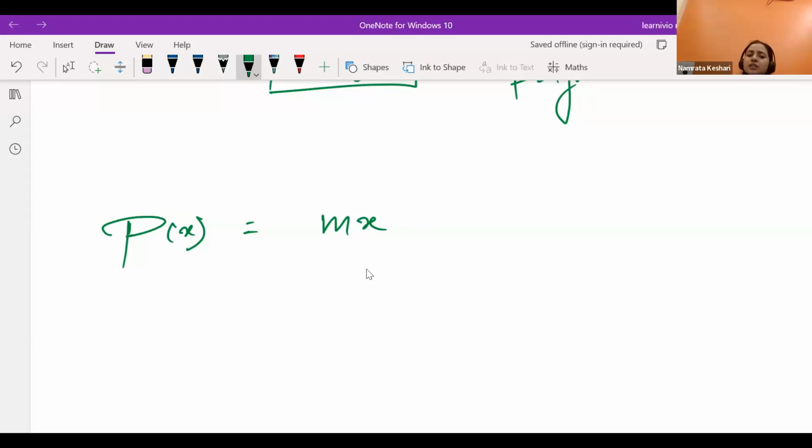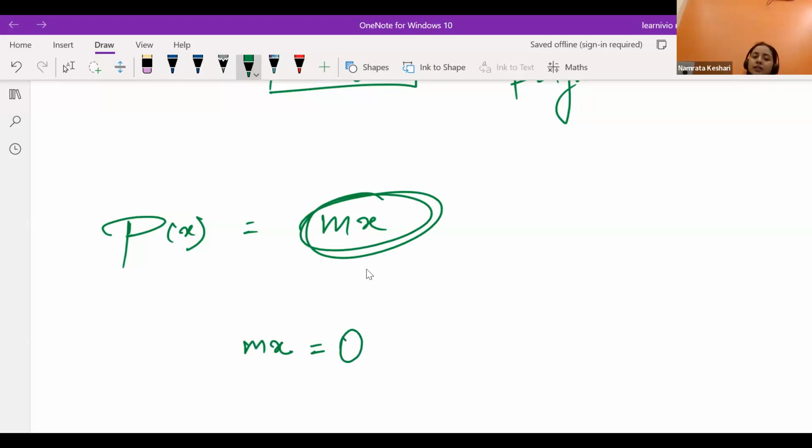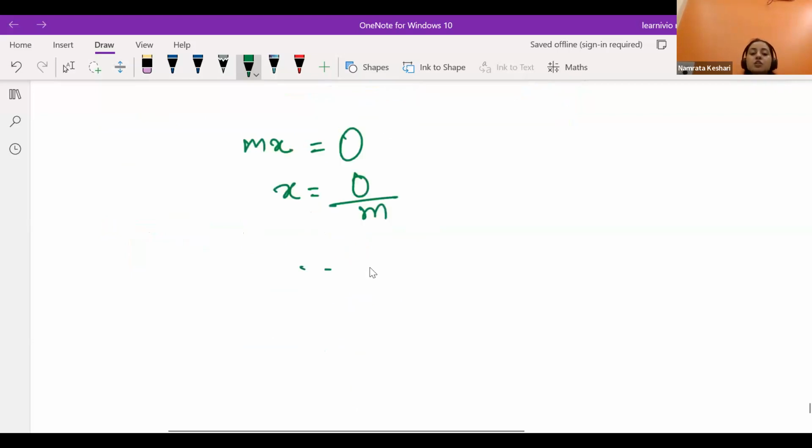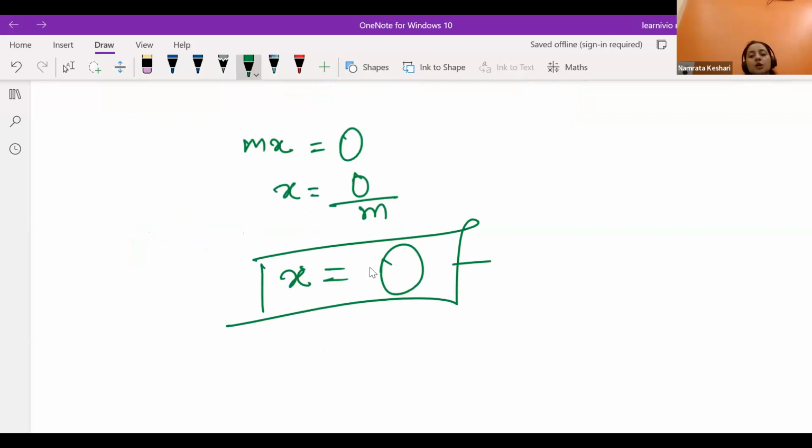So we will be using the same concept. Whatever is the polynomial equals to 0, then x value is equals to 0 by m. We know that 0 by anything is just 0. So x value 0 is the 0 of this polynomial. You don't have to keep on thinking. You have to every time solve the equation like this for finding the 0 of the polynomial.